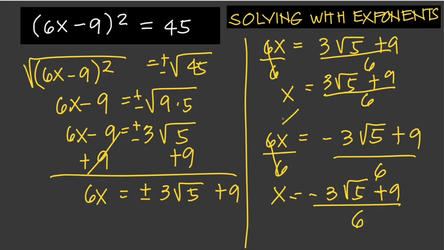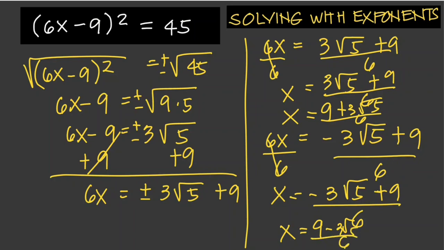Or you can just write this as x equals 9 plus 3 square root of 5 over 6, and this one is 9 minus 3 square root of 5 over 6.